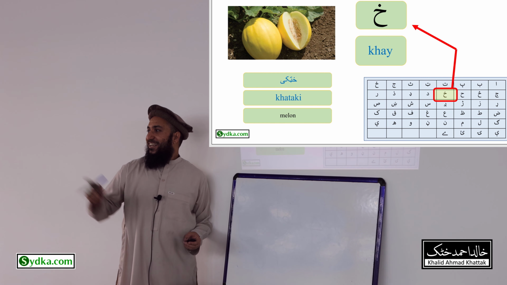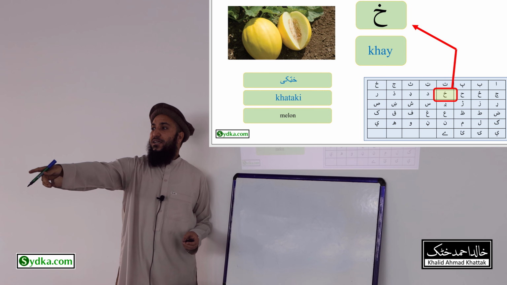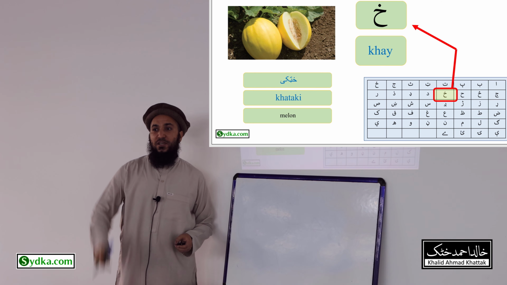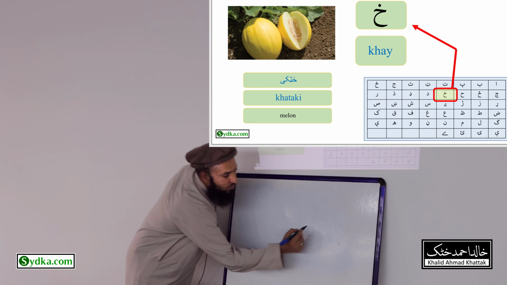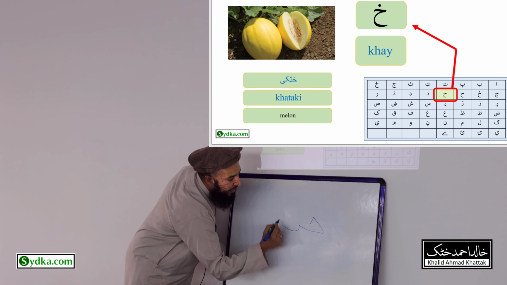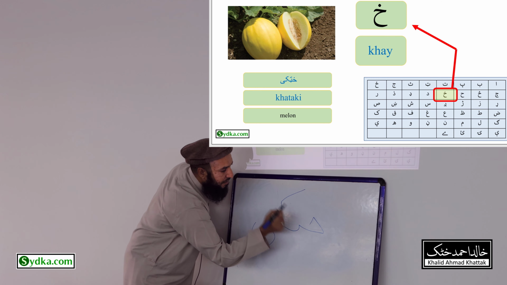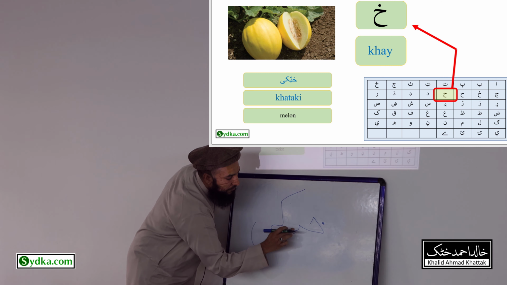Khatake. No, not khataki, it's khatake, because the ye is K. So khe, te, kaf, as khe, and this is te.